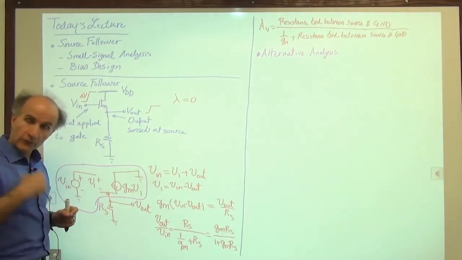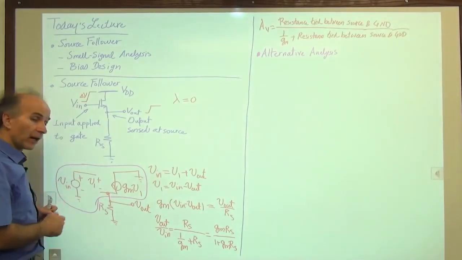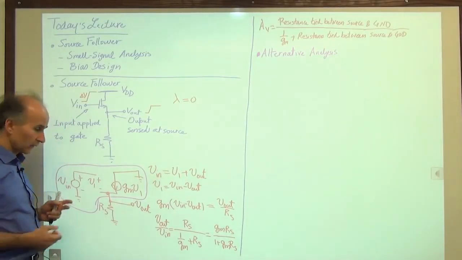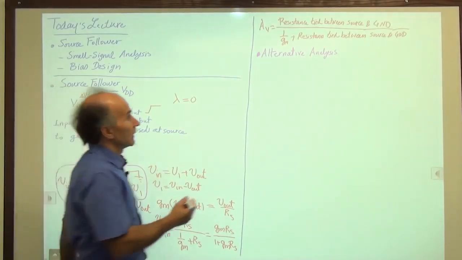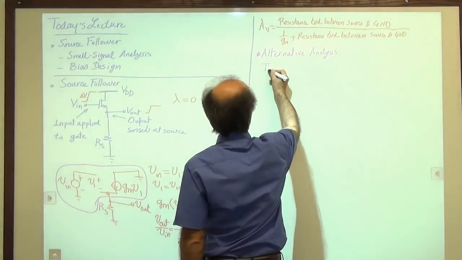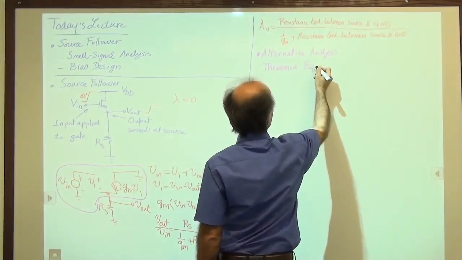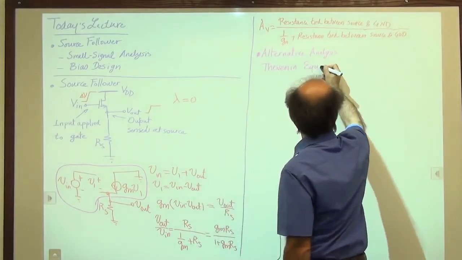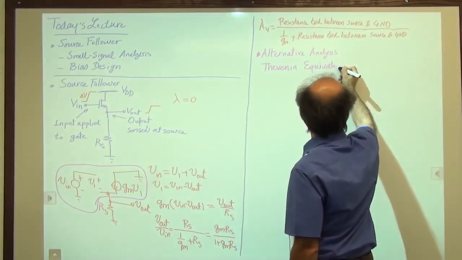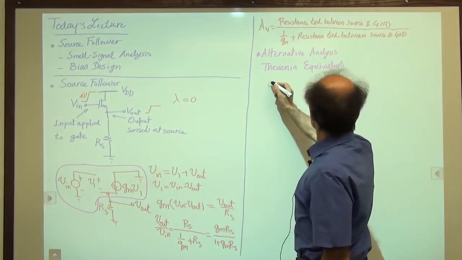Okay, so now let's go back to Circuits 101 and see how we calculate the Thevenin equivalent of the circuit. So let me write here: Thevenin equivalent. And this is the circuit of interest to us.